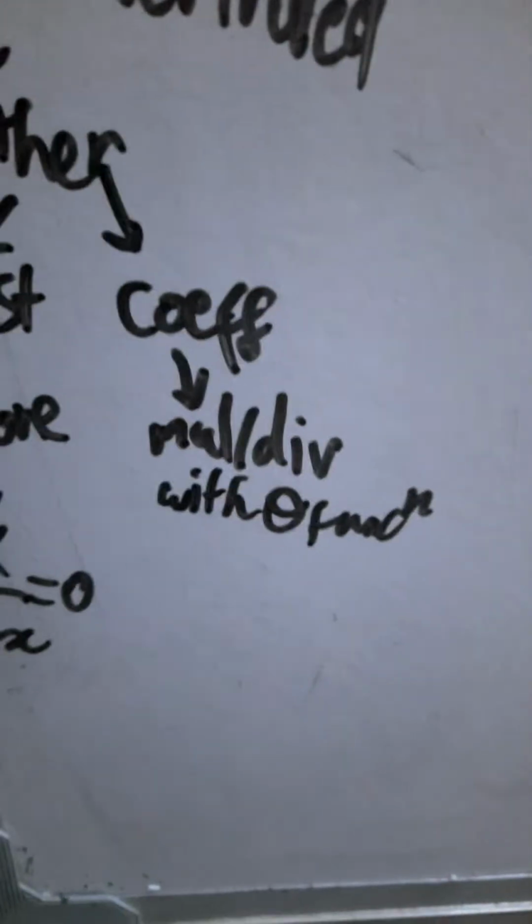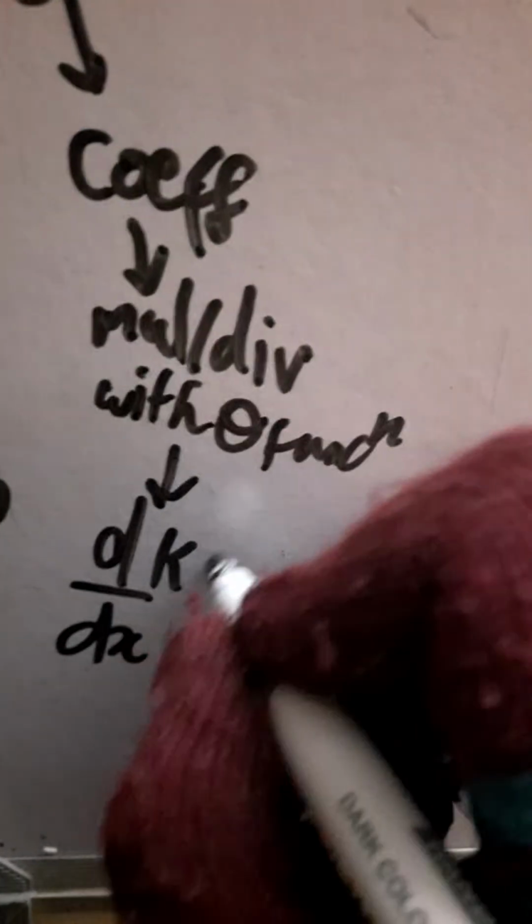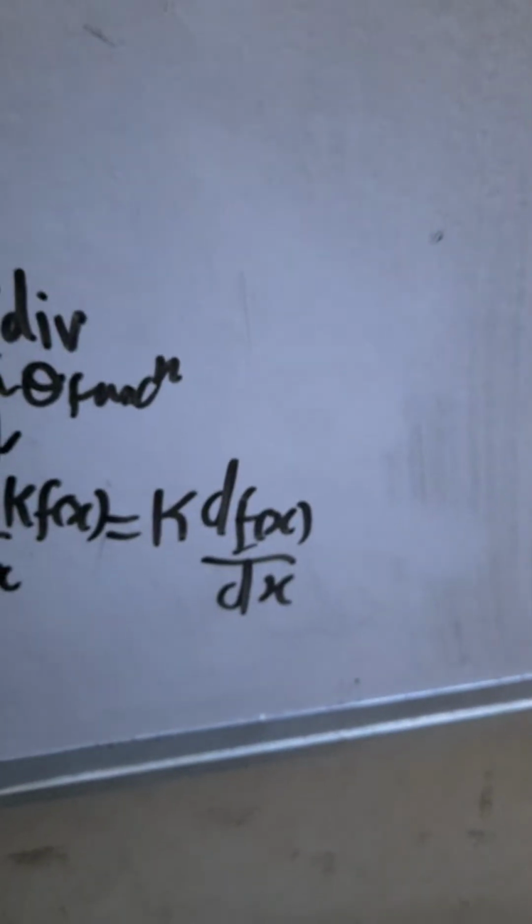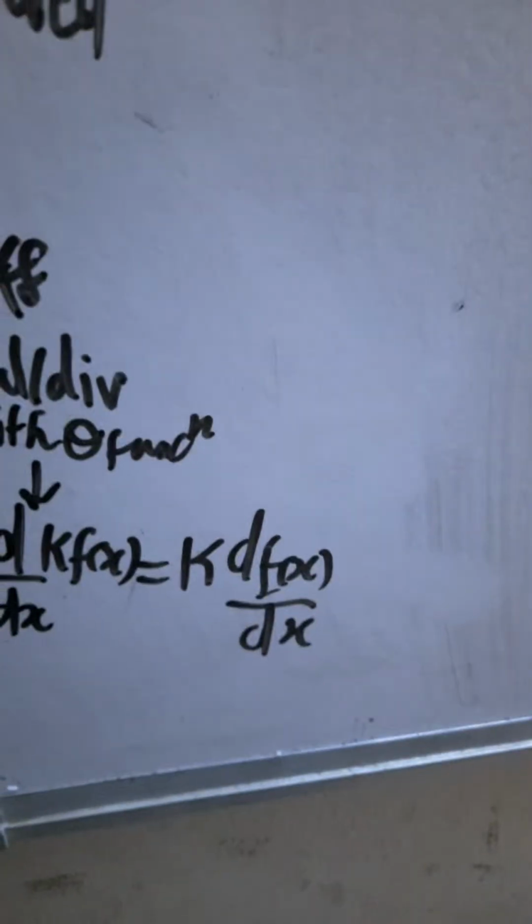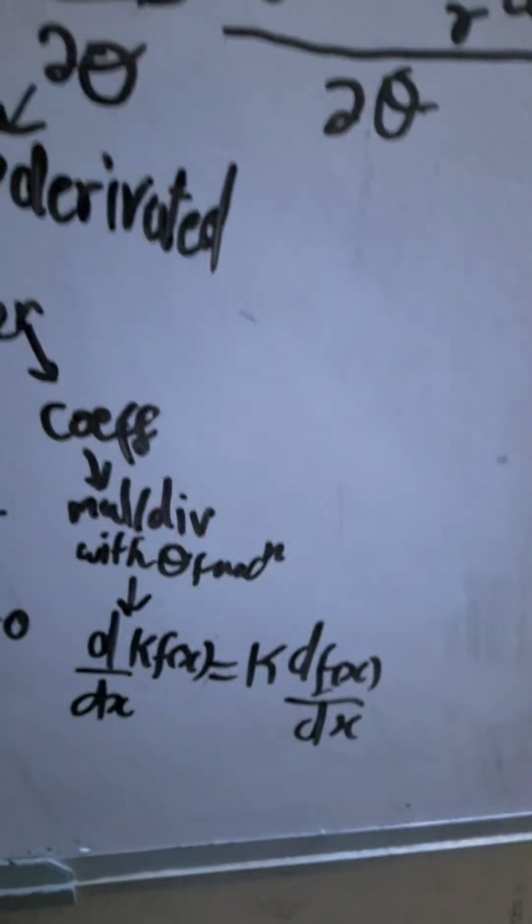When they are multiplied or divided with a theta function, just take the coefficient out, take the derivative of the function you want, then directly multiply that coefficient to it afterwards. Okay, your work is done.